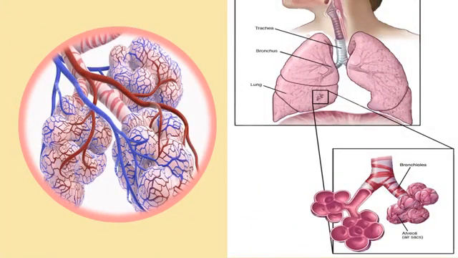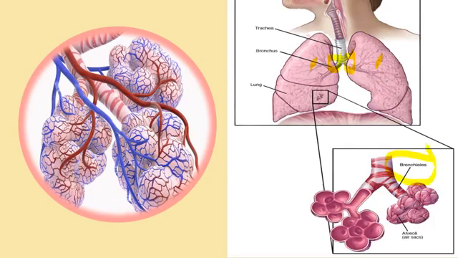So let's review this picture inside the lungs. There are two lungs, and we have the bronchus, or the two bronchi. Each bronchus attaches to one lung. The bronchi divide into smaller tubes, the smallest being called the bronchioles.